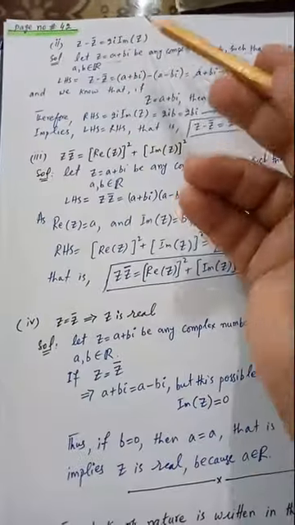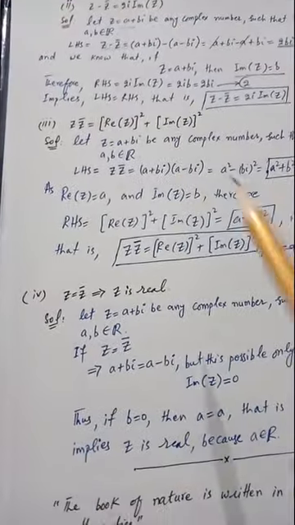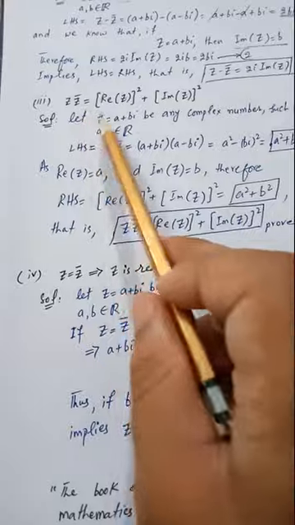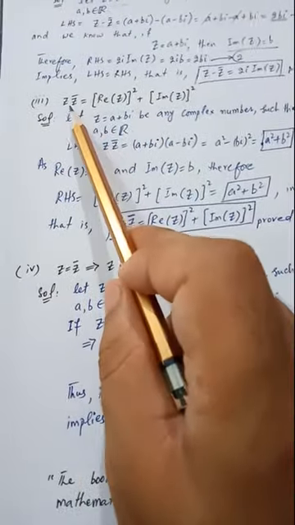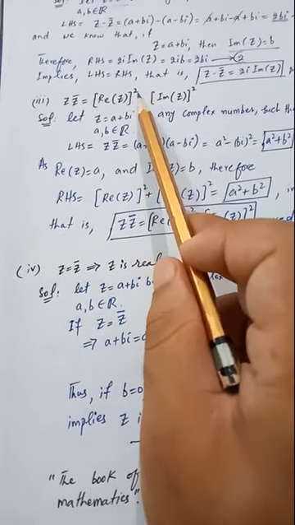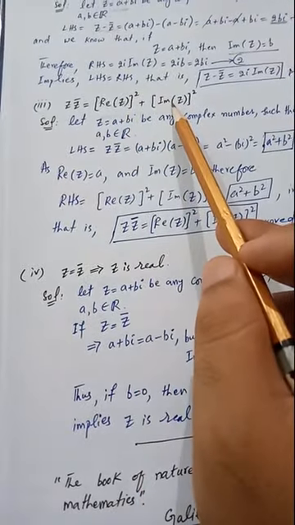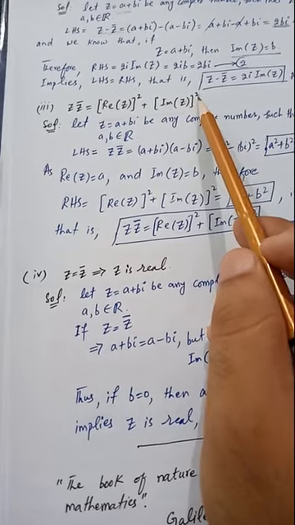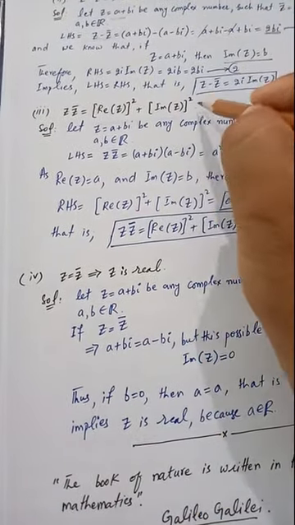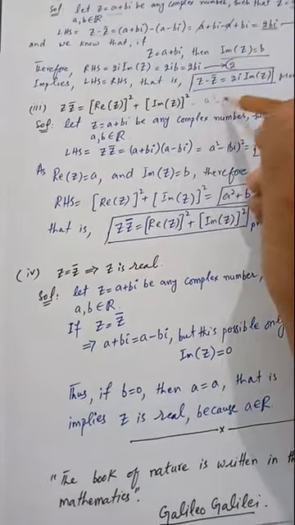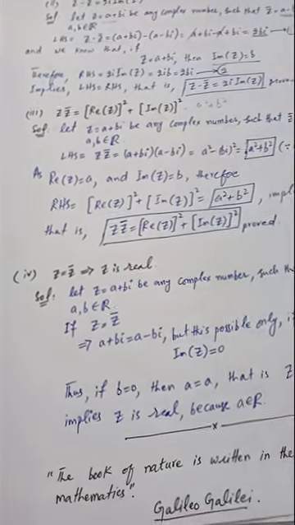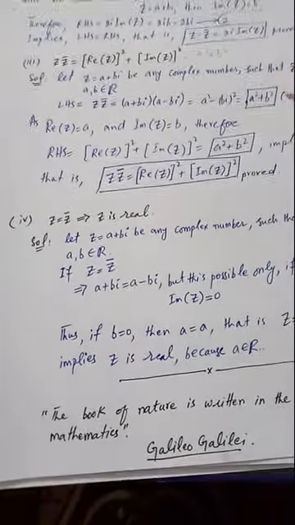So you will get the required right hand side. Similarly, multiply z1 and z2, so you will get this. Now you see that Re(z) whole square means a square, and Im(z) whole square means b square, because the real part of z is a and the imaginary part of z is b. So this is so simple.